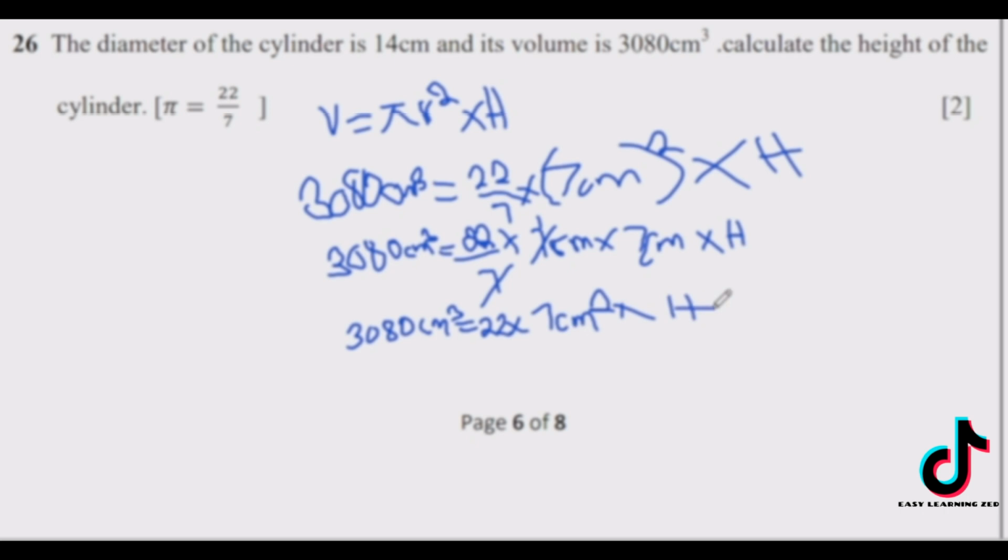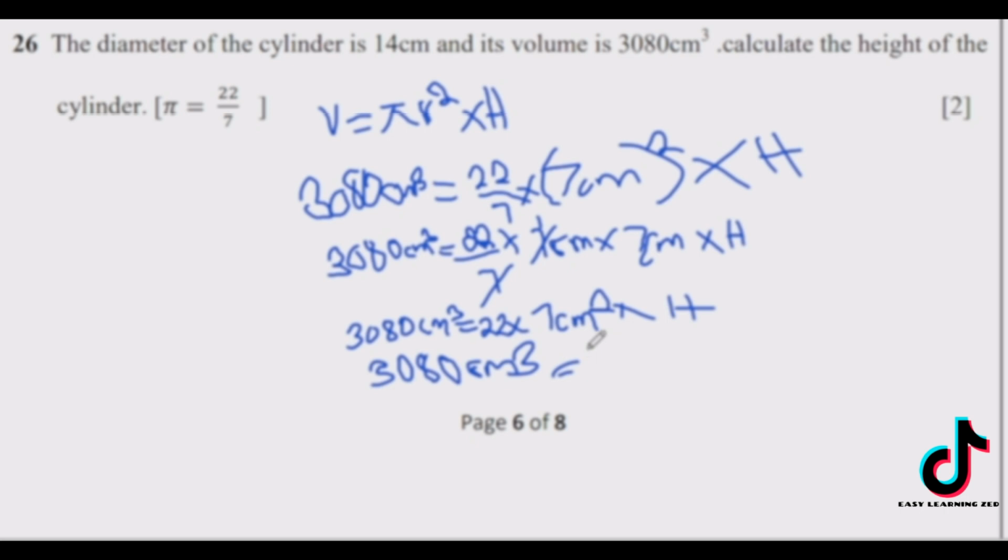Now once I've done this, we're going to rewrite 3080 cubic centimeters is equal to 22 times 7, that will be 144 centimeters squared. Okay, yes, that is 140.